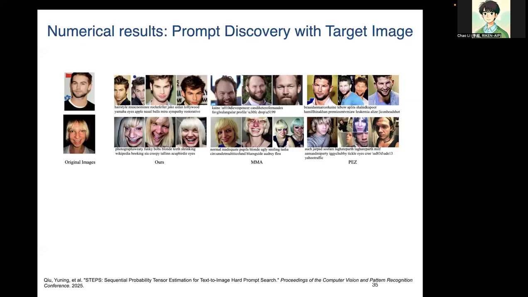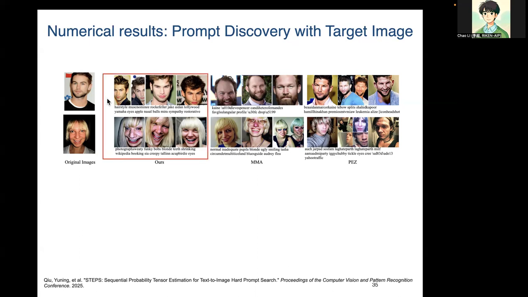Here, we first show the results for prompt discovery with the target image. The task here, given an image, is to find the optimal prompt such that when we feed this prompt into a generative model, it can recreate the target image as closely as possible. At the top, you see comparisons.